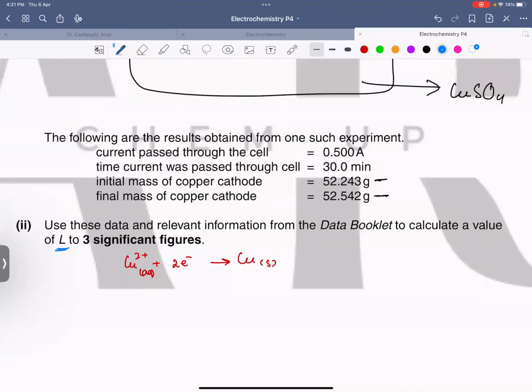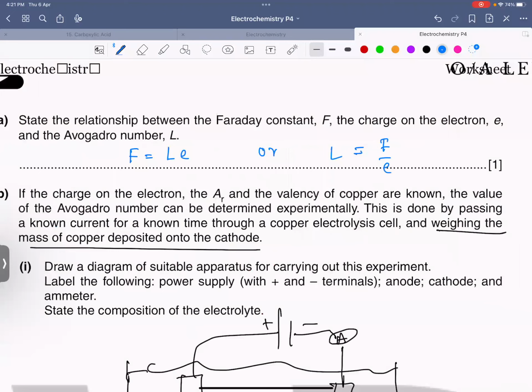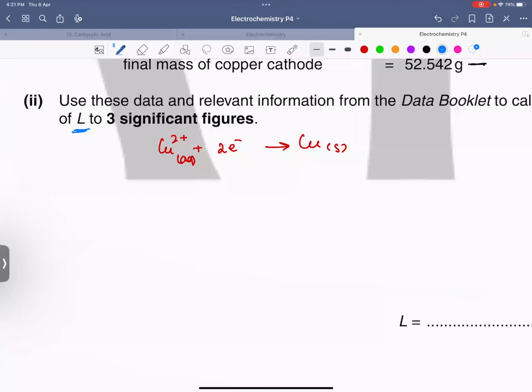From the equation, I concluded that there are 2 moles of electrons. As I have told you, to find the charge of 1 mole of electrons, that is 96500 coulomb, I cannot take that charge. Instead, I calculate it whenever I have to find the Avogadro's constant. So let's suppose 2x is for copper.